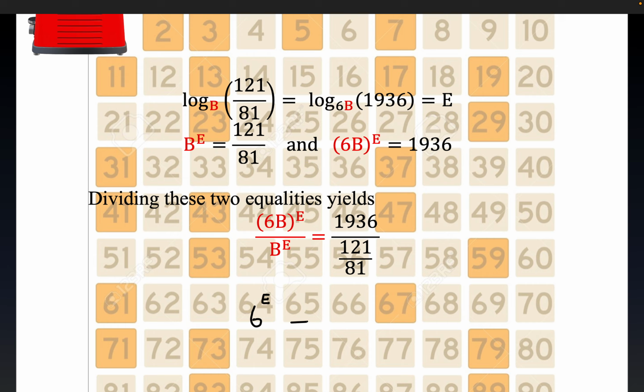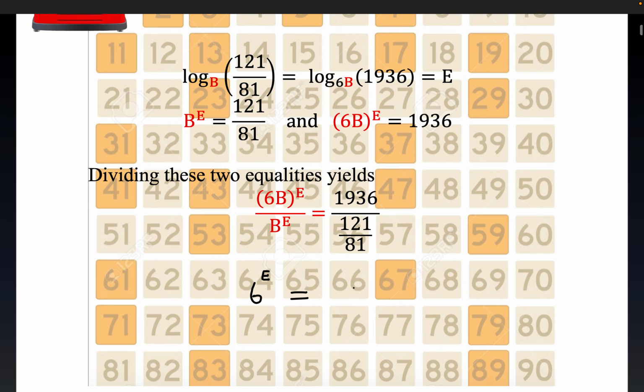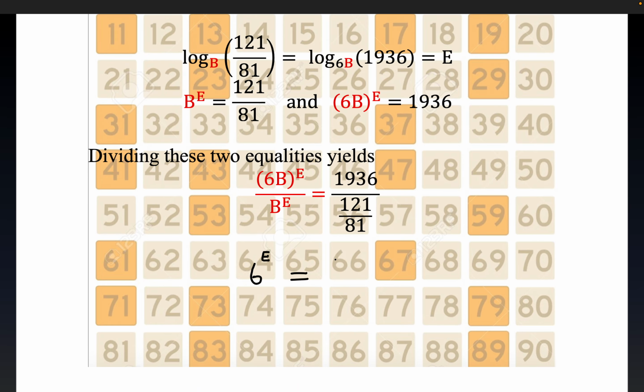is equal to, and let's write down 2 to the 4th times 11 squared, over 3 to the 4th. This prime factorization to me is very useful. It's kind of computation reducing in many regards.